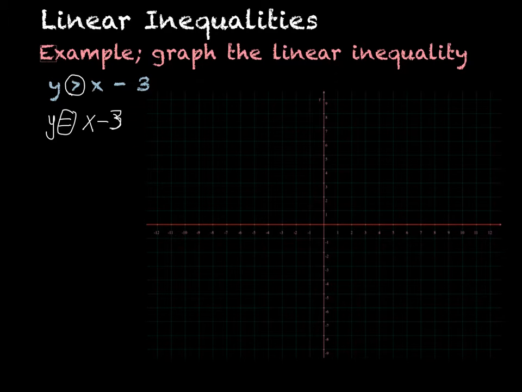So we're going to cross at -3. b is equal to -3.